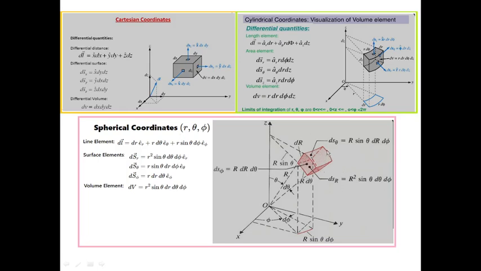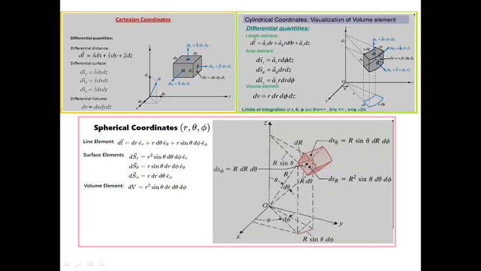If I take a little volume in the spherical coordinate system, you can see this is along the r direction, and this length is dr. This length is r d theta. And this length is r sin theta d phi.